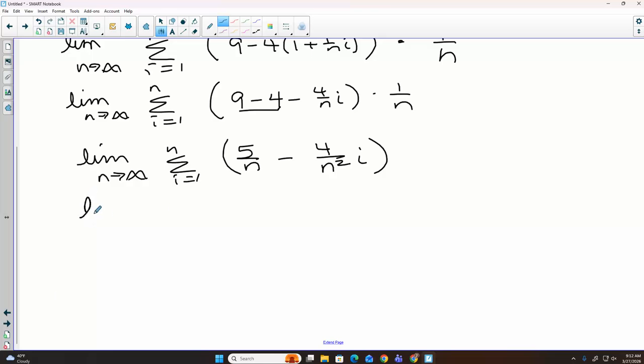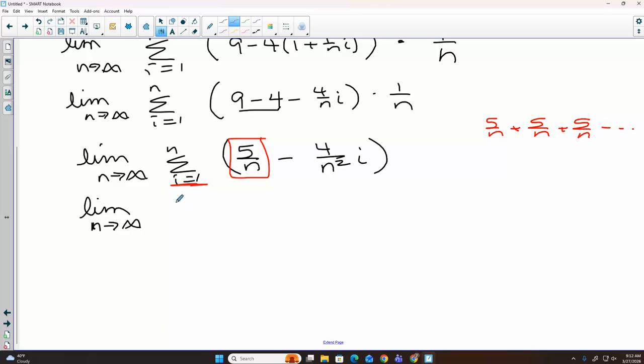Now we are going to do the summation. If you made a mistake on this problem, I'm willing to bet it's right here. The most common mistake, we are adding up i's. 5 over n does not have an I in it. So that means when you're adding it up, you're doing 5 over n every time, right?